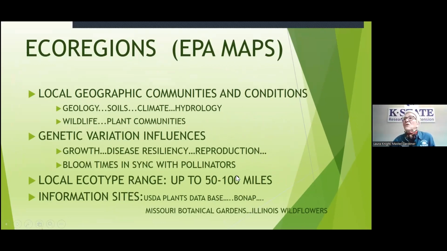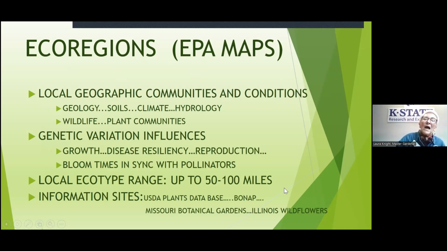And you can get on the internet, and you can get on the USDA plants database and put in your zip code, and they will give you a list of plants that you can use that are native for you. BONAP, get on BONAP on the internet and do the same thing. And of course, the Illinois Wildflower Group is very, very specific about their wildflowers, what you can use according to the zip code.